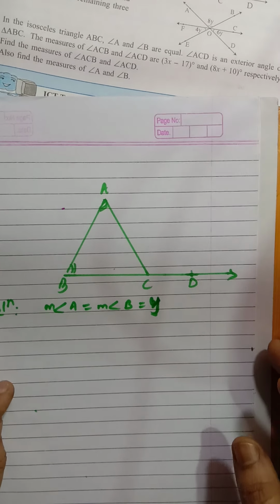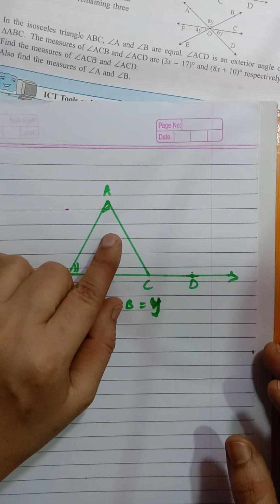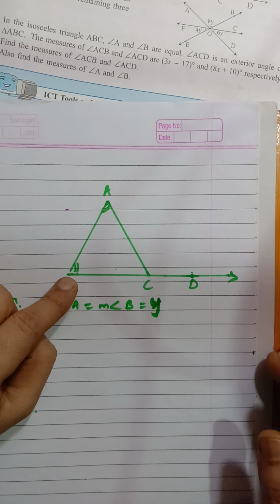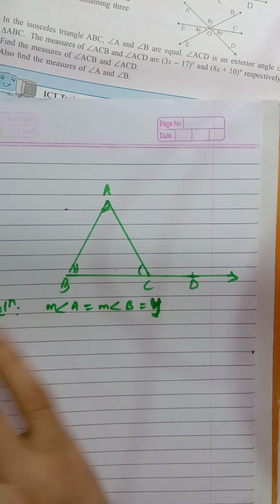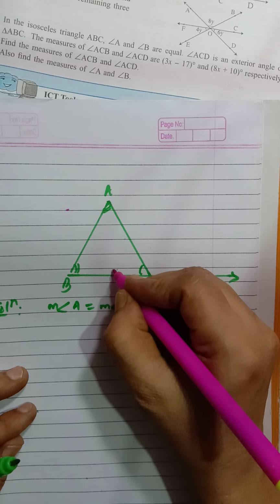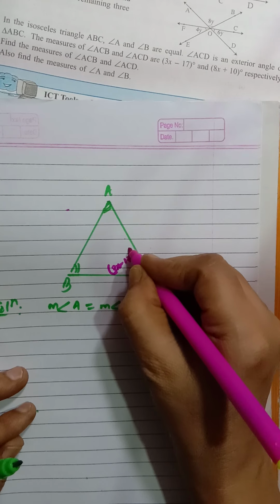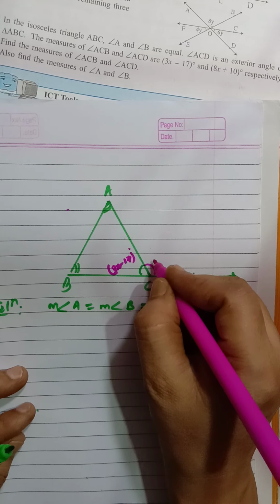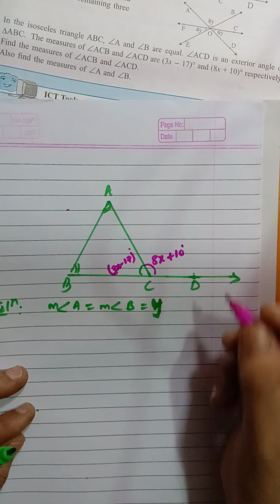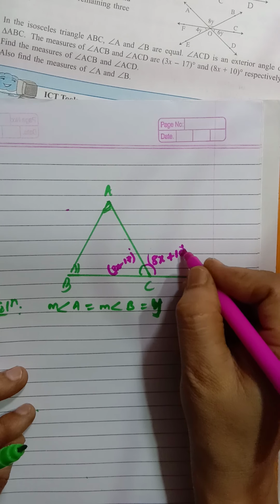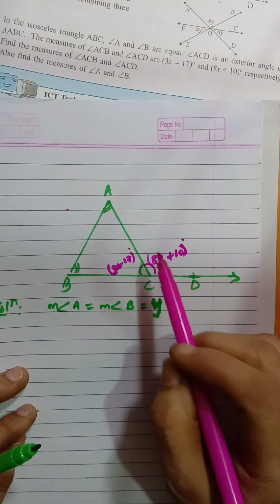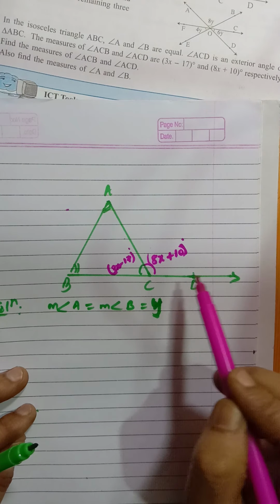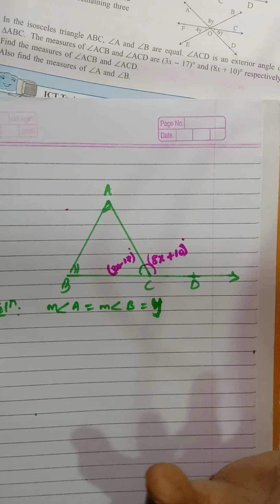Now here they have given the measures of angle ACB and ACD. The measure of angle ACB is 3x minus 17 degrees, and this angle ACD is 8x plus 10 degrees, written in brackets.